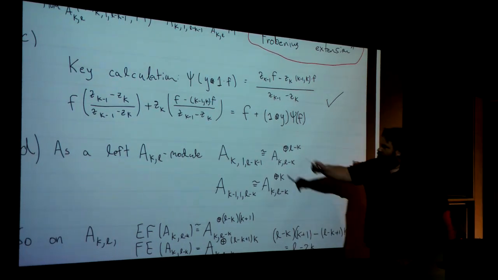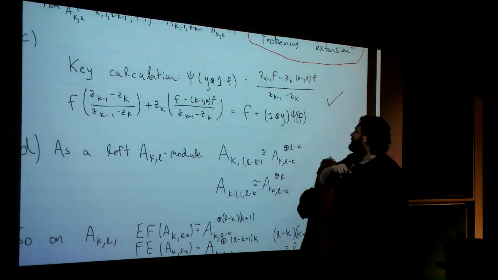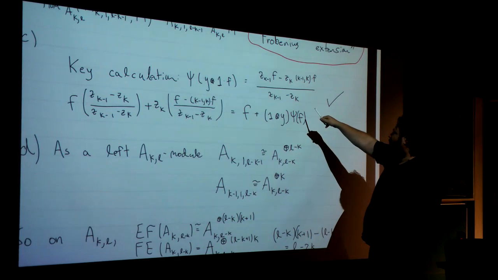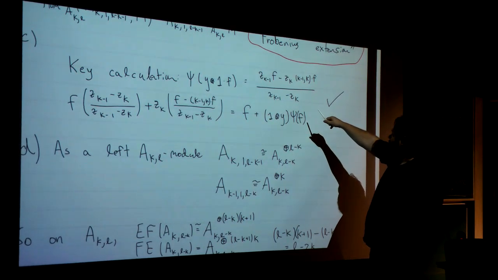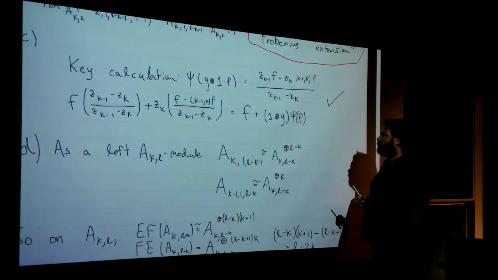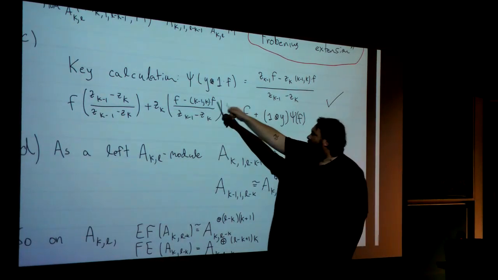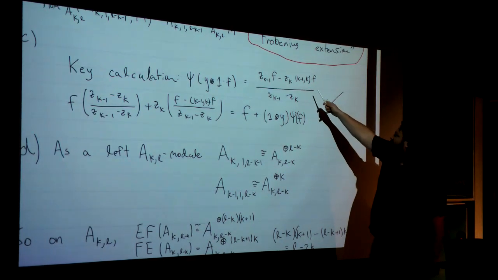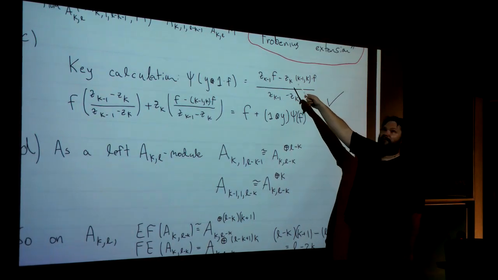When I multiply by y and then act by C, what does that actually mean as an endomorphism of bimodules? It means that I take f, I multiply it by z_{k-1}, because it's y tensor 1. And then when I act with this, that flips to a z_k.